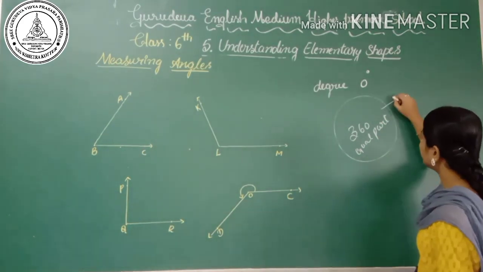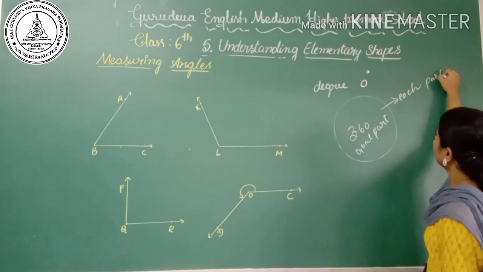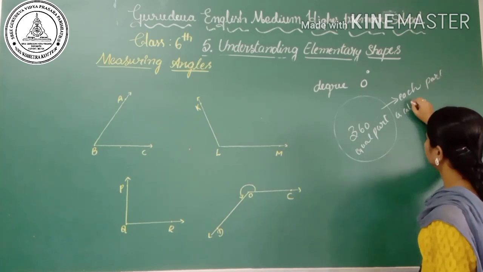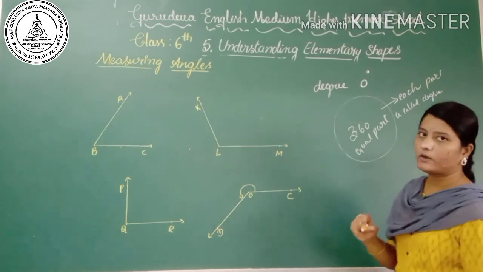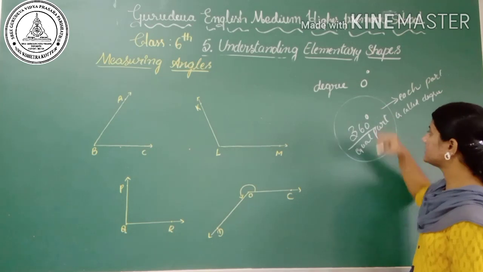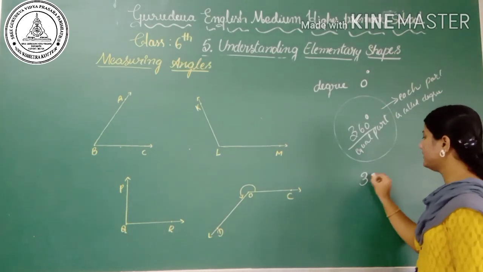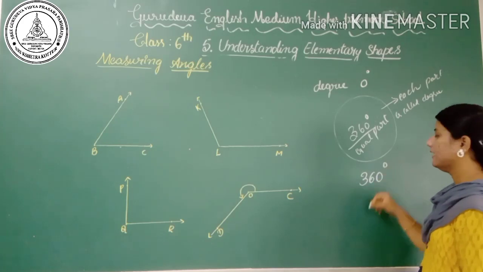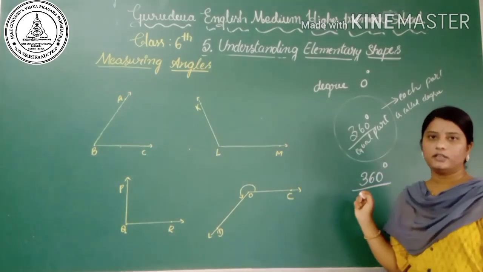So each part is called a degree. So here there are 360 equal parts, so we can say it as 360 degrees.